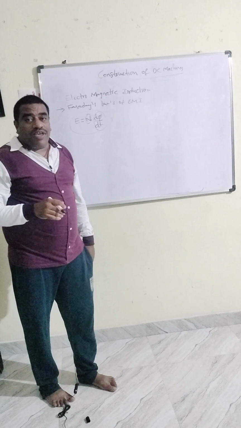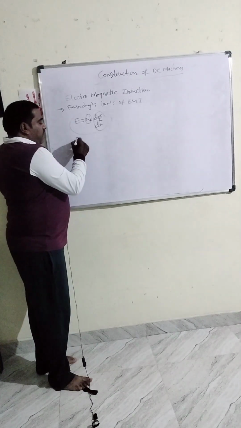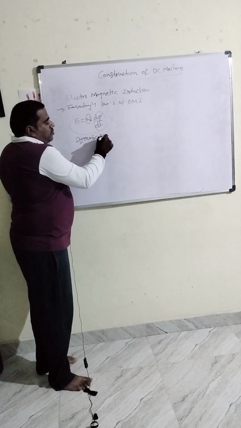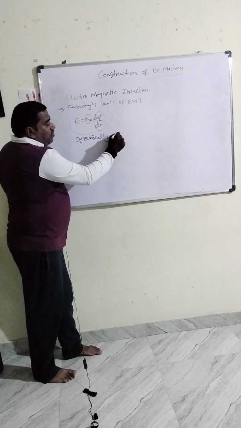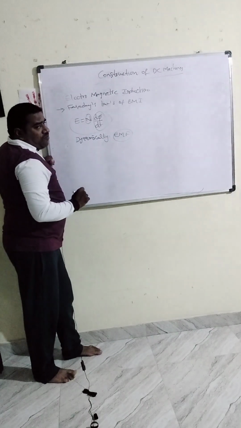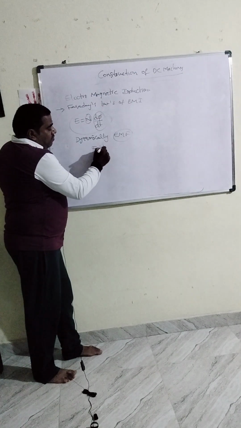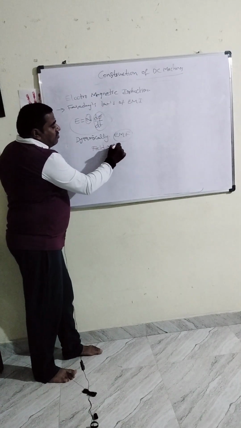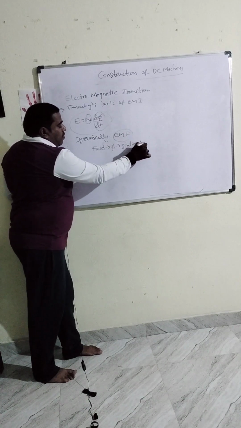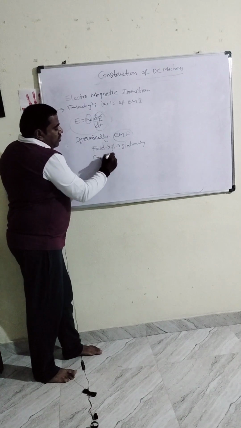The type of EMF induced in the DC generator is dynamically induced EMF. What is the meaning of dynamically induced EMF? In this case the field, or flux, is the stationary member and the conductor is the rotating member.